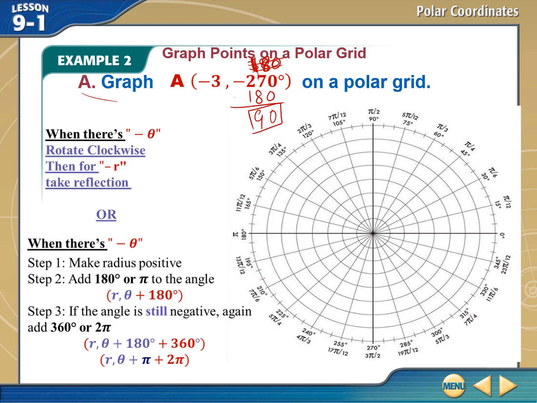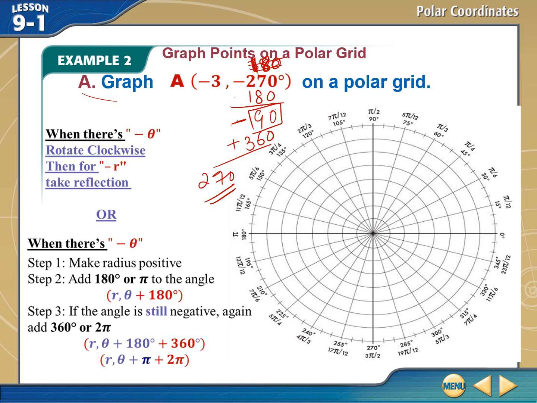So we get 90 degrees, but 90 degrees is with the negative sign, and I don't want this negative 90 degrees. So I will add 360 degrees to it. So -90 plus 360 gives me positive 270 degrees. So where is 270 degrees?